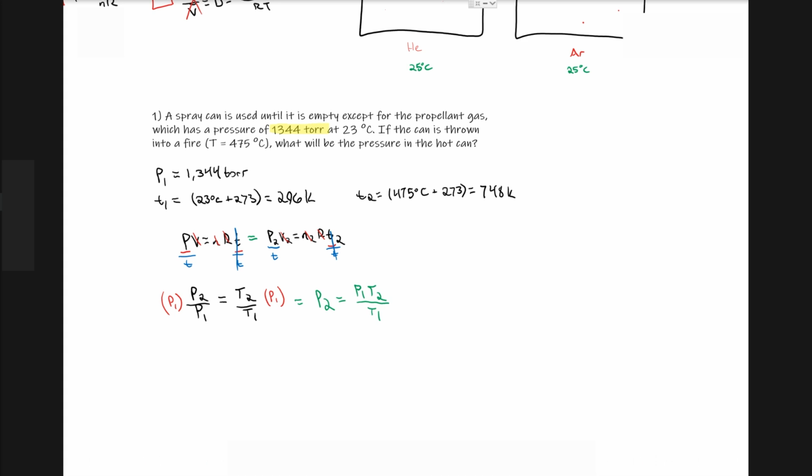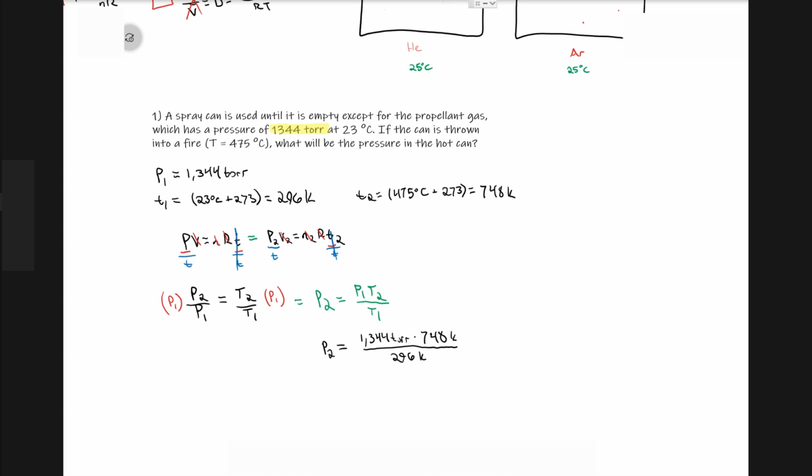And that will give us P2 equals P1, which is 1,344 torr, times T2, which, as we discovered up top, was 748 Kelvin, and divide that entire thing by T1, which was 296 Kelvin. And all I have to do is plug all that into a calculator.